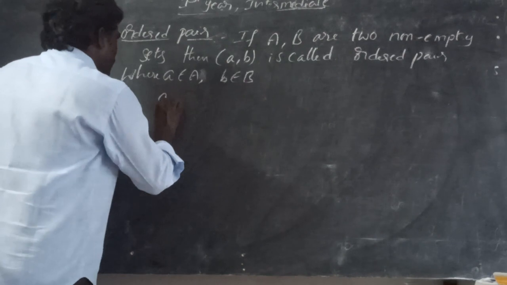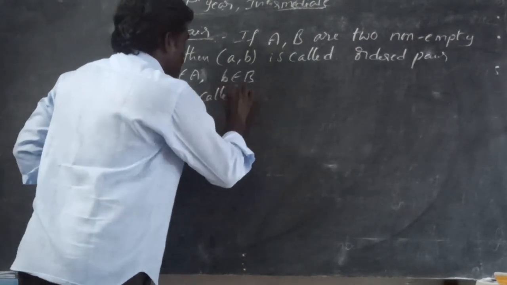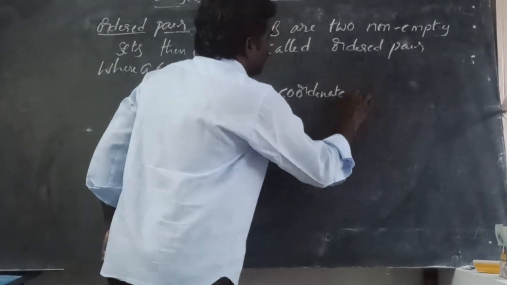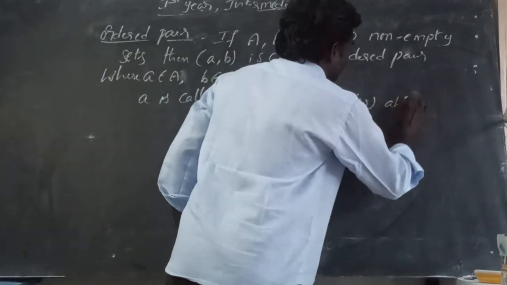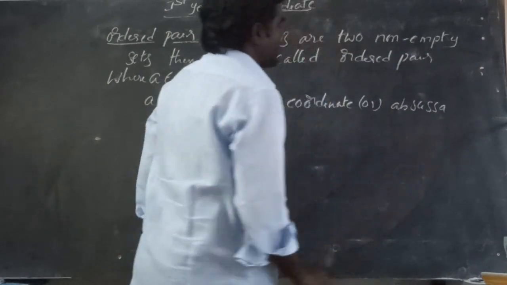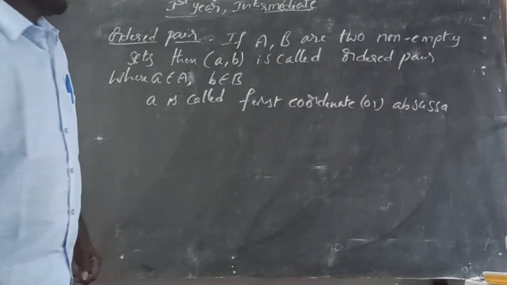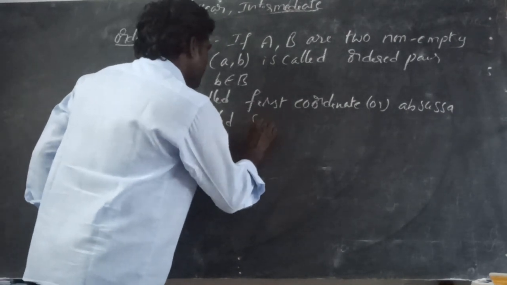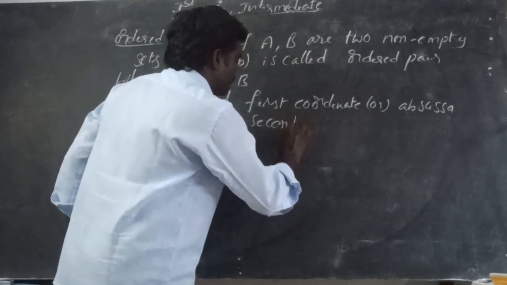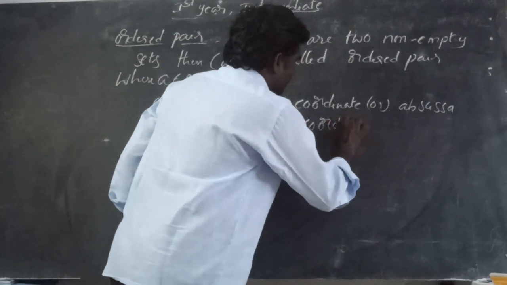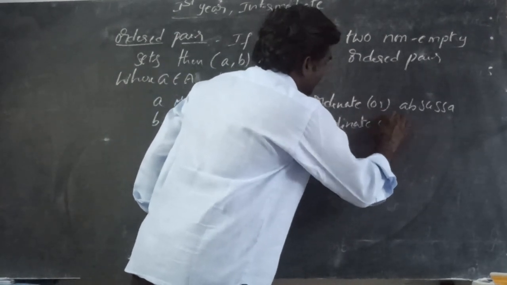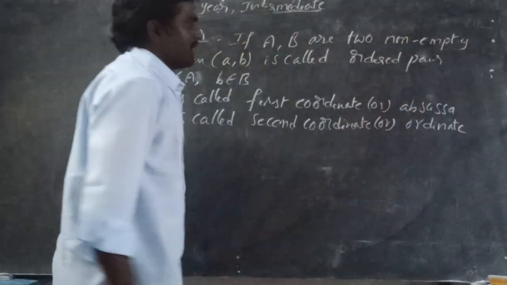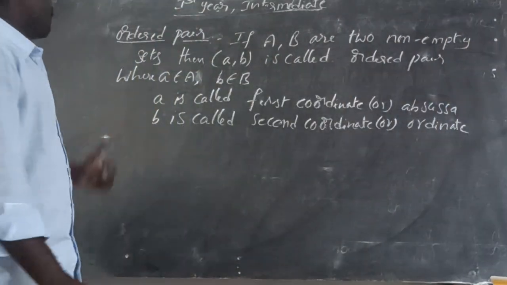Small a is called the first coordinate or abscissa. This abscissa we get in coordinate geometry. Small b is called the second coordinate, which in coordinate geometry is called the ordinate.